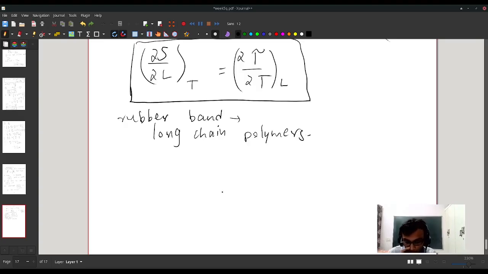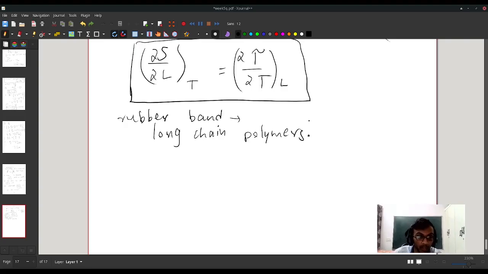Right, so there are monomers, which are the basic building blocks of these polymers, and the physics of polymers comes about because of the various ways in which these monomers can arrange themselves in space.